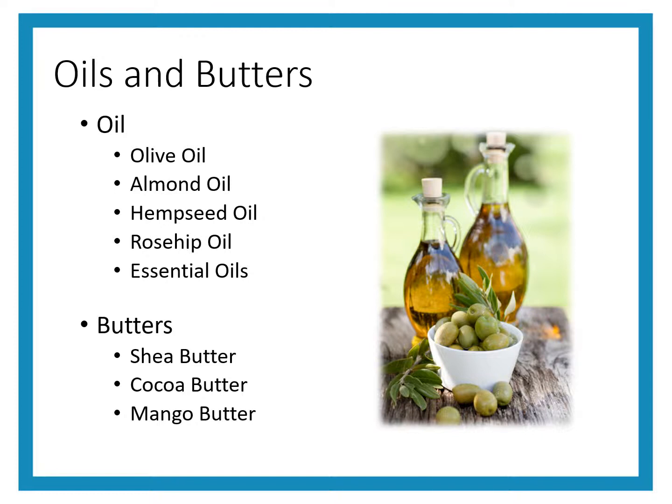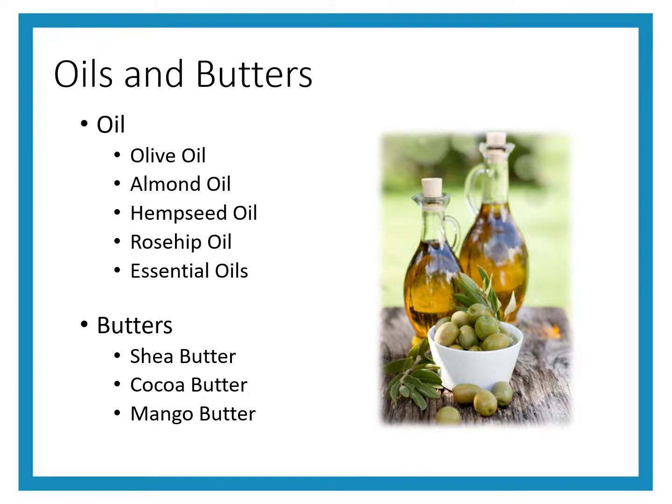This can be anything from almond oil, olive oil, hemp seed oil. This includes things like rosehip oil, essential oils. Butters are often used as bases for things like foundations, concealers, things like that. And they can be shea butter, cocoa butter, mango butter. Lots of different options here.